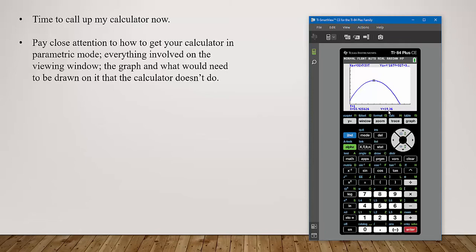So those parametric equations answer 2 questions: when and where. So let me head off to the chalkboard here real quick and put this graph on the chalkboard to show you exactly what it should look like when you put it on paper.